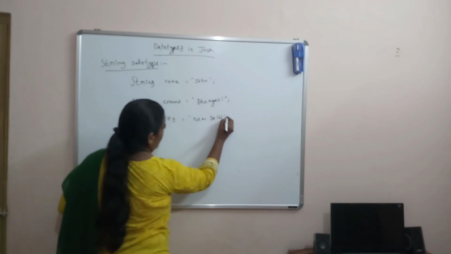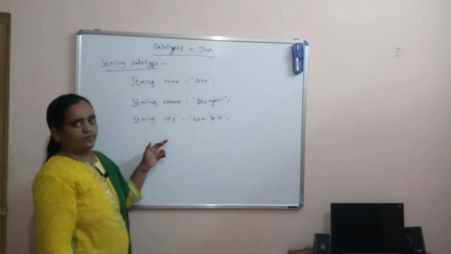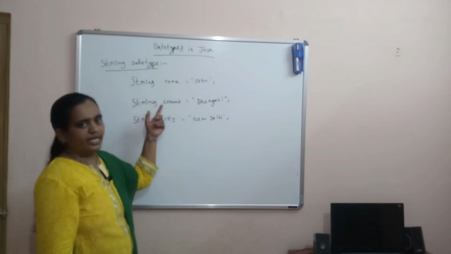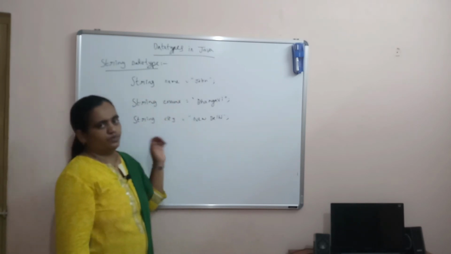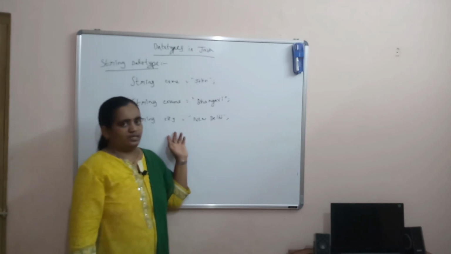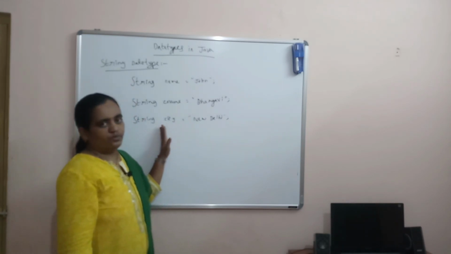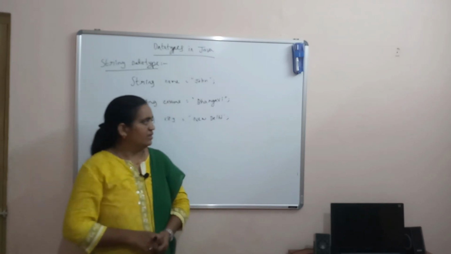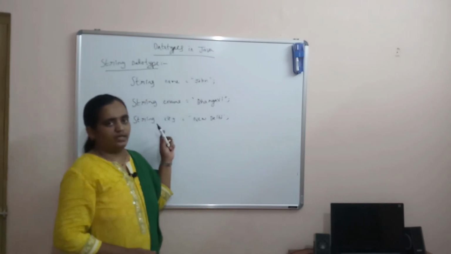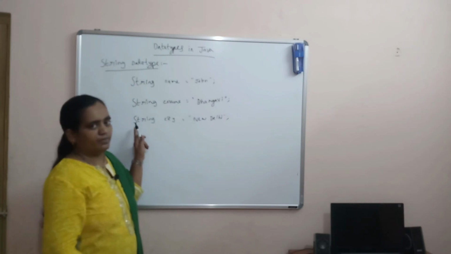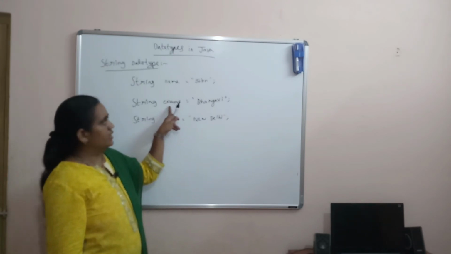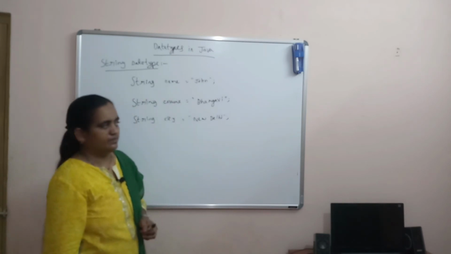We need this type of data in real-time projects, right? So that's why we take those values as string data type. We can store them in our program, meaning we can give them as input, then finally store them somewhere in a database. For that reason we take string data type for the city variable, employee name variable, name variable.